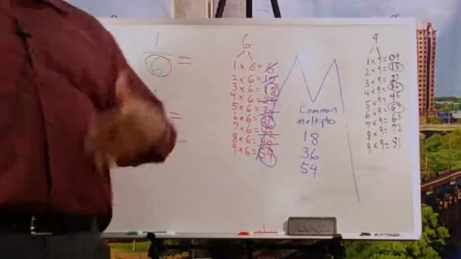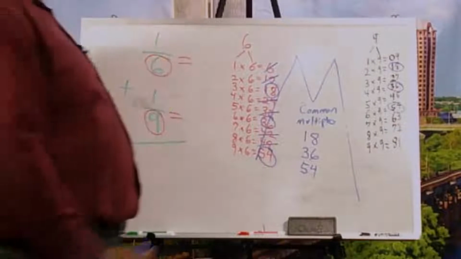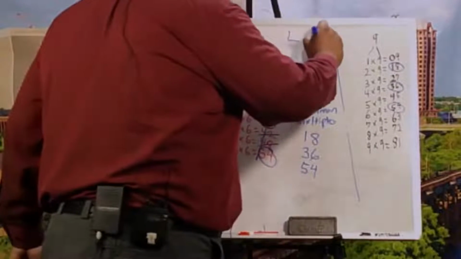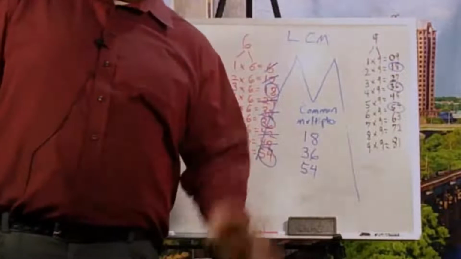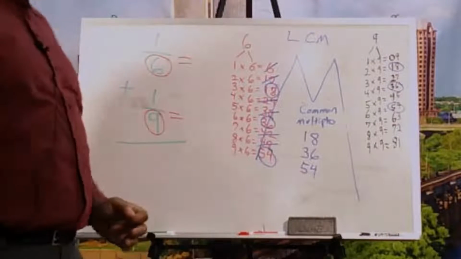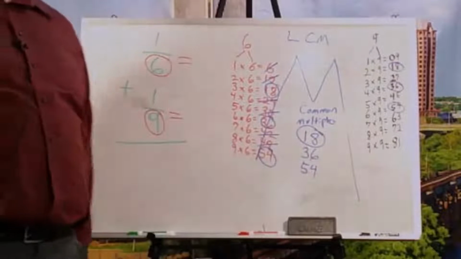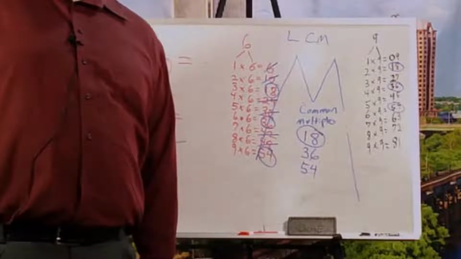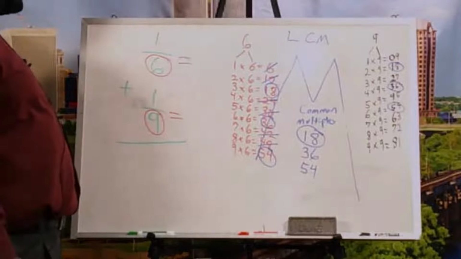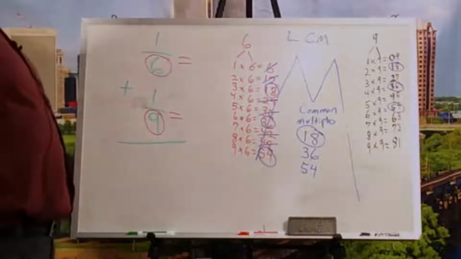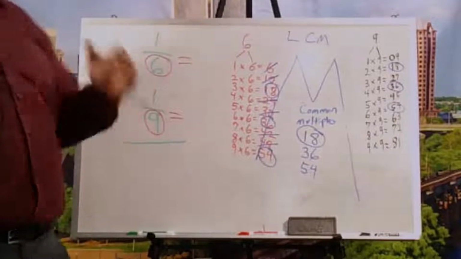These are your common multiples, okay? Out of these three numbers, I just want to know which one is the least common multiple. And if you said 18, guess what, folks? You are correct. Okay? So now that you have that in the middle right there, guess what, folks? My new denominator.